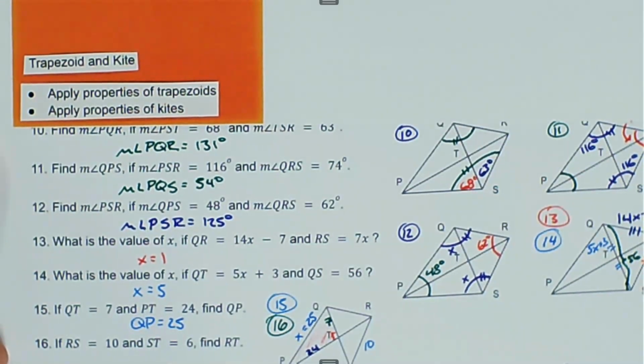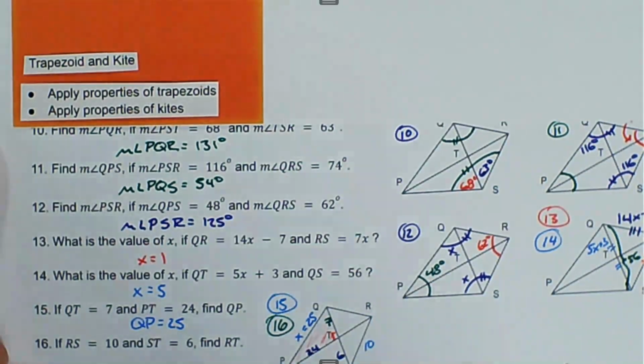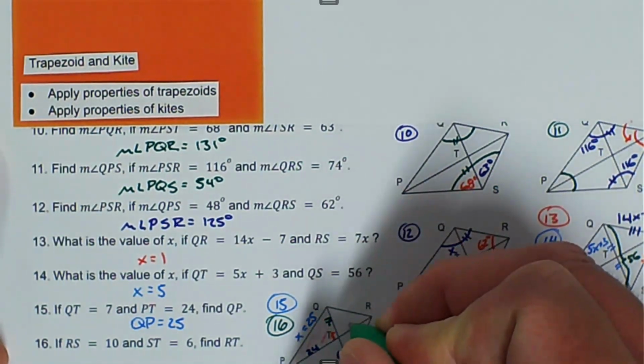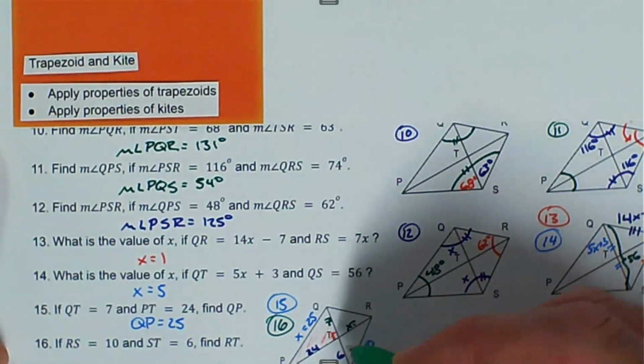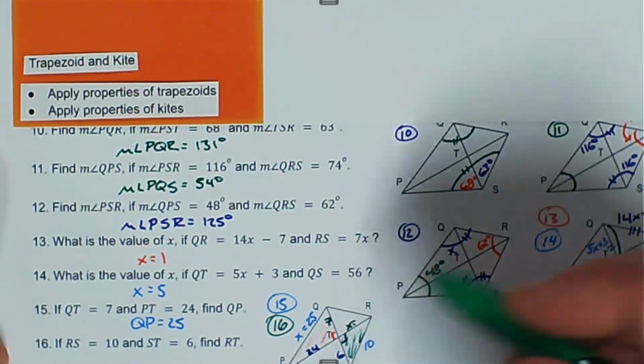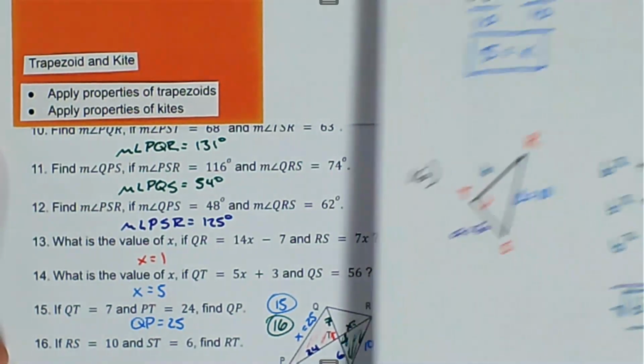RS is 10 and then ST is 6. What is RT? We can see that we have another right triangle right here, so we can use the Pythagorean theorem again. But this time we are given the hypotenuse and one of the legs, so we have to solve it a little bit differently.